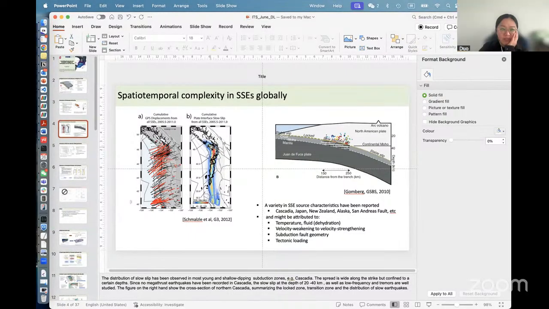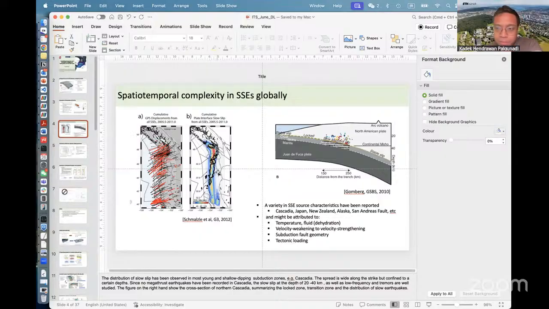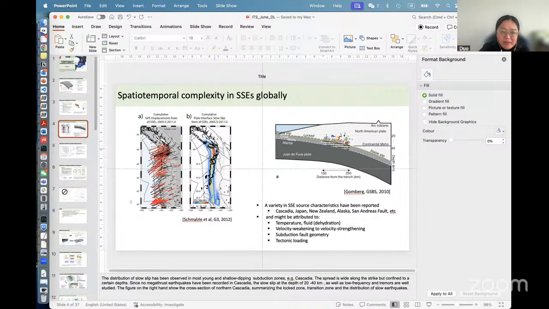You mean this figure? Yeah. It's a good question. I think because we didn't include any other heterogeneity or other complexity in this study, for example, we assume the shear modulus is uniform along strike and down depth, the only difference is the geometry.